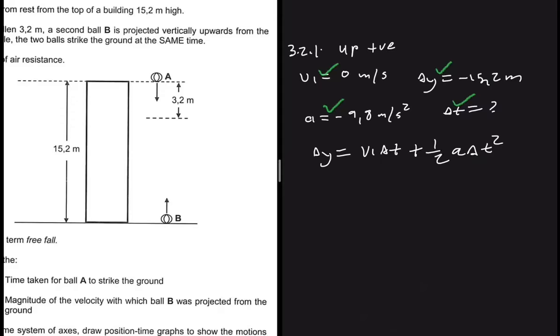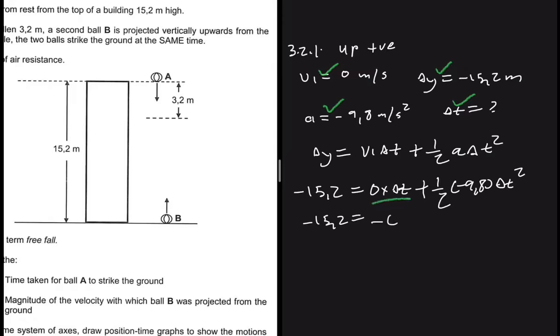So if we go ahead and substitute, we're going to get minus 15.2 is equal to Vi, which is 0, right? Multiplied by the time. So that term falls away. Plus a half. The acceleration is minus 9.8 and the time is what we're looking for. So we're going to have minus 15.2 being equal to, this term falls away, we just have minus 4.9 delta t squared.